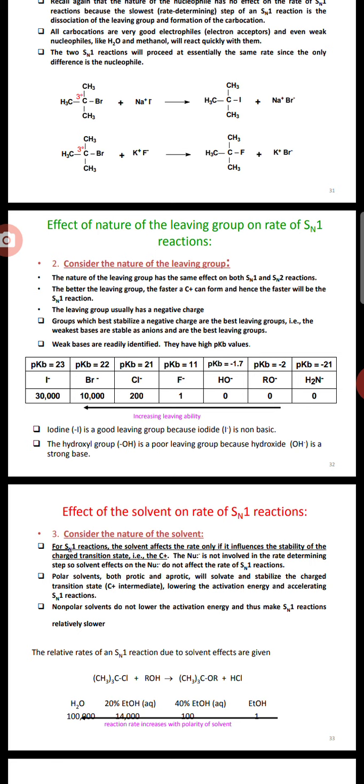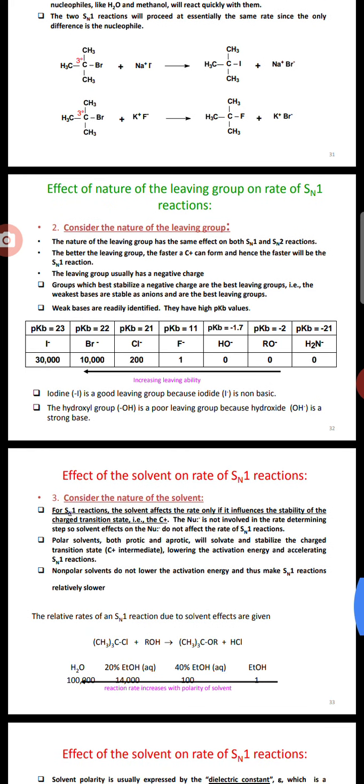Polar solvents, both protic and aprotic, solvate and stabilize the charged transition state carbocation, lowering the activation energy and accelerating the SN1 reaction. Non-polar solvents do not lower the activation energy and thus make the SN1 reaction relatively slower.